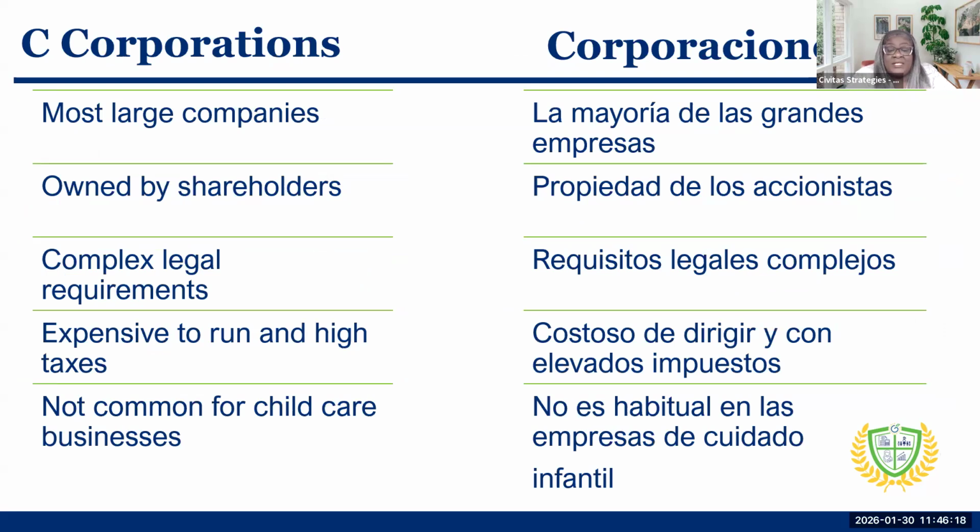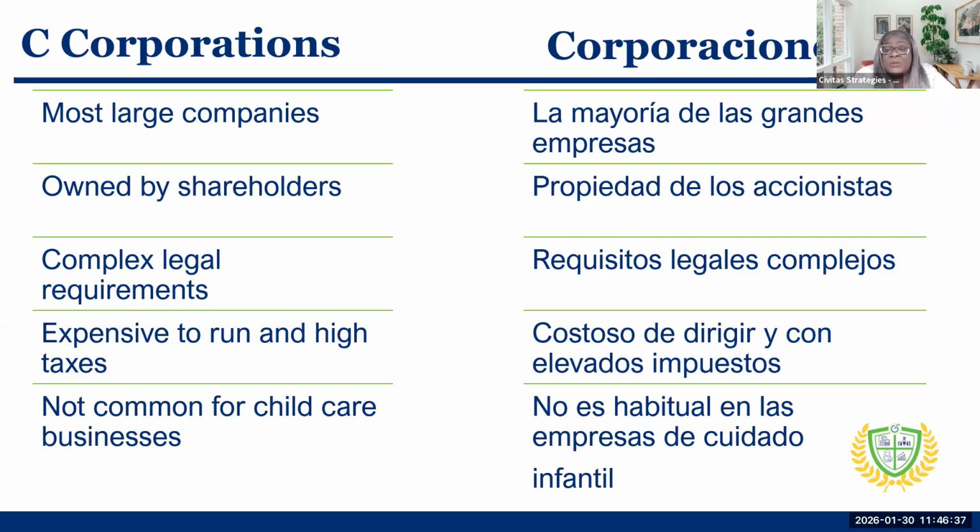Well, let's talk about the C Corp. Most of the large companies that you see and hear about are C corporations. C corporations are basically owned by shareholders, and the structure is easier for larger enterprises since it does allow ownership to be transferred through shares.